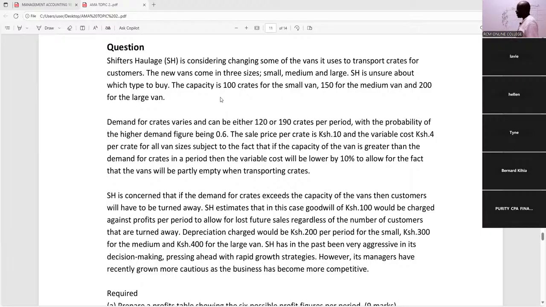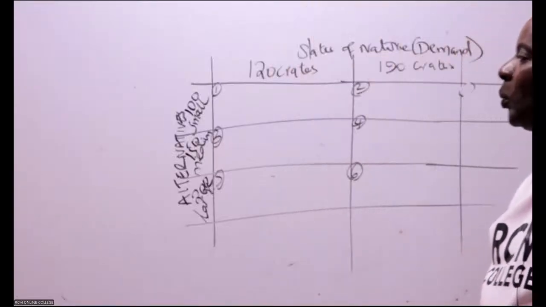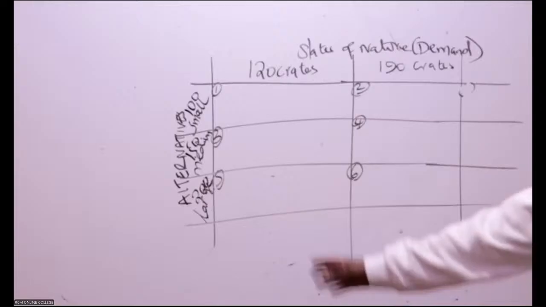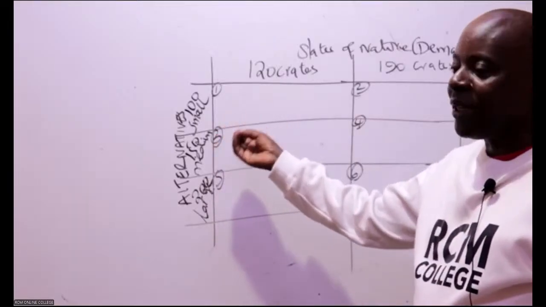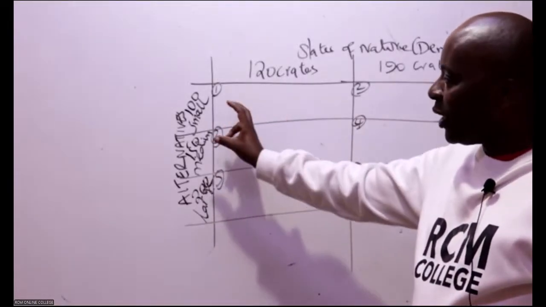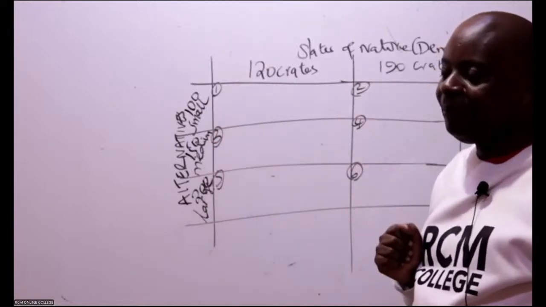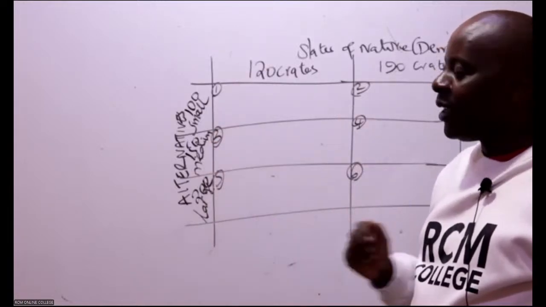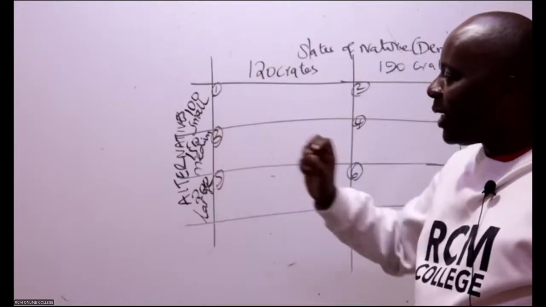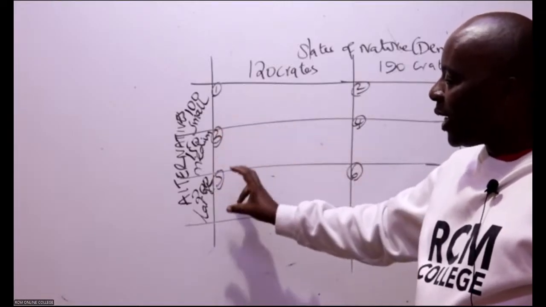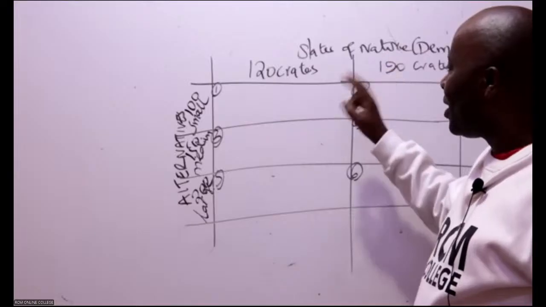And then lastly, we have 200 there. So remember, this automatically will be what you can supply to the market. If I'm going with a small van, I can only supply 100. If I'm going with a medium van, I can only supply 150. If I'm going with a large van, I can supply 200 vis-a-vis the various demands.